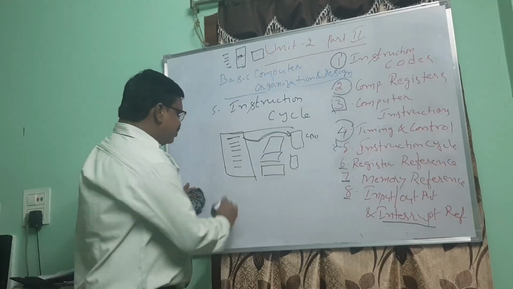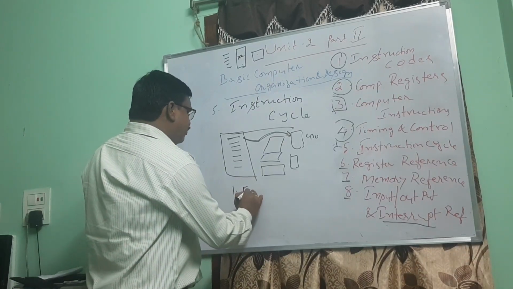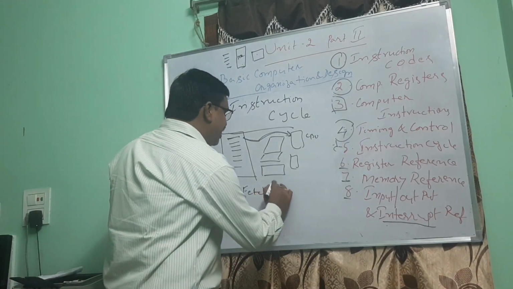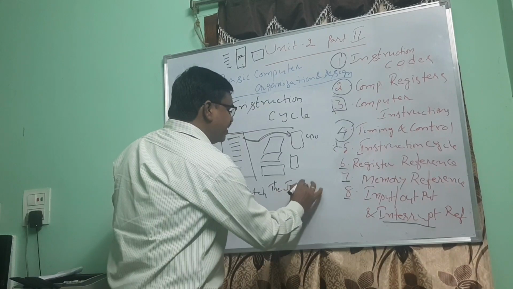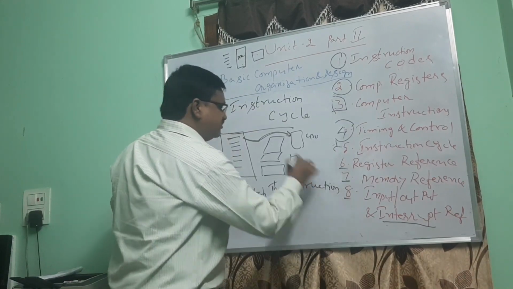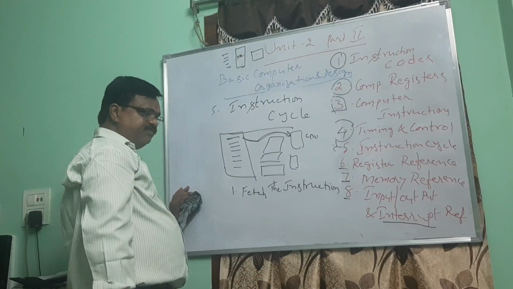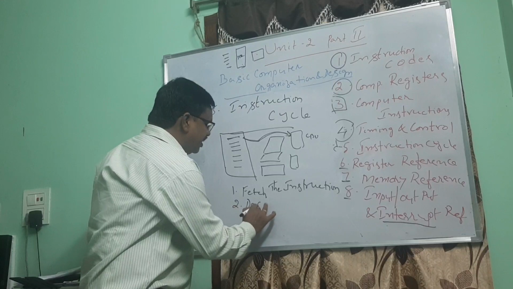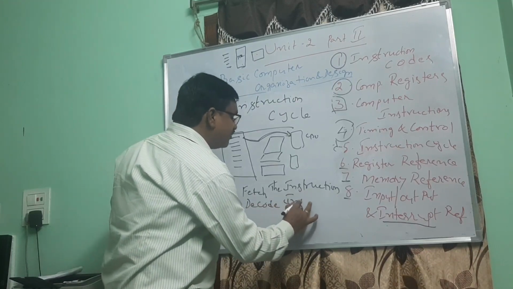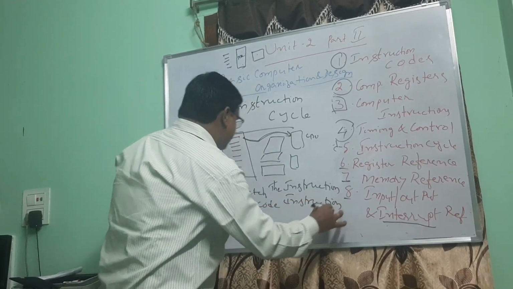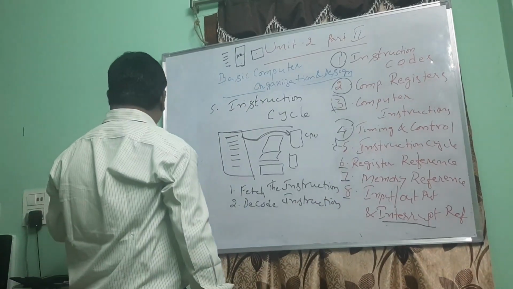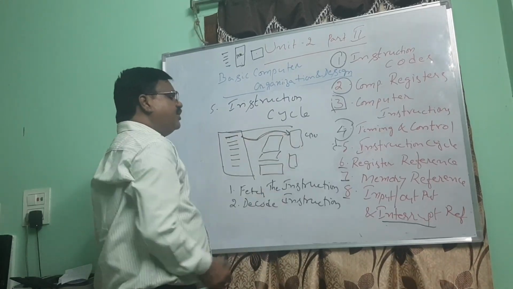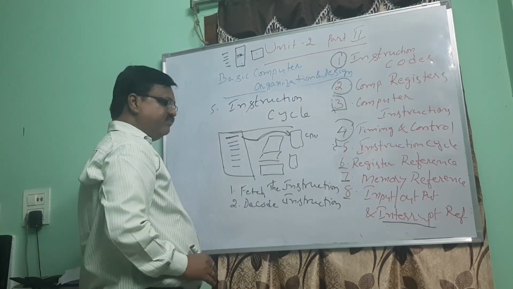So the first step of executing a program is to fetch the instruction. After fetching the instruction, as I told you, it will be decoded. So the second step here is decode the instruction, which means it will be decoded into machine language.